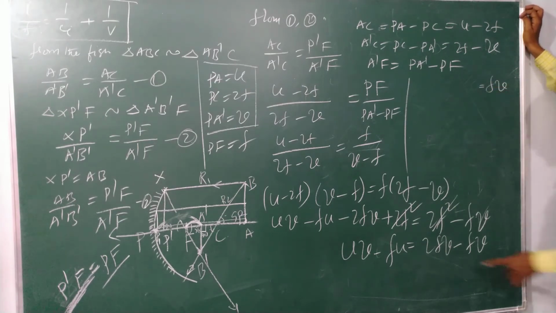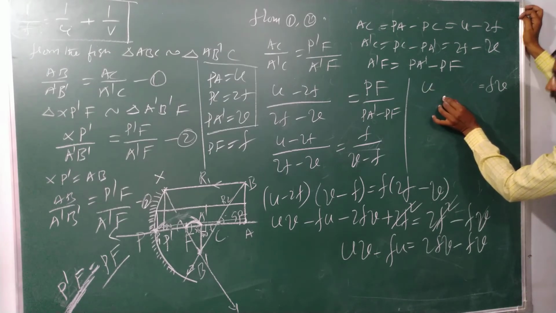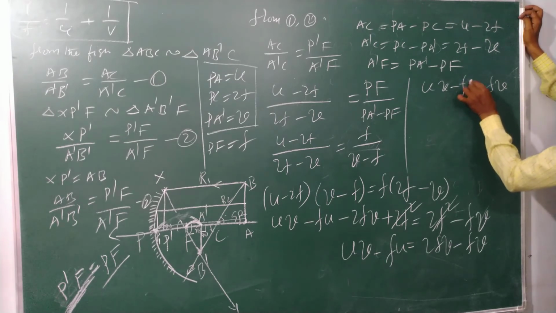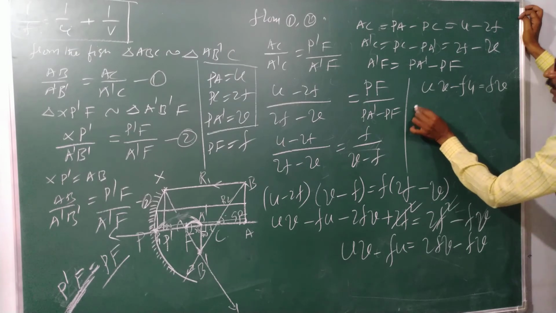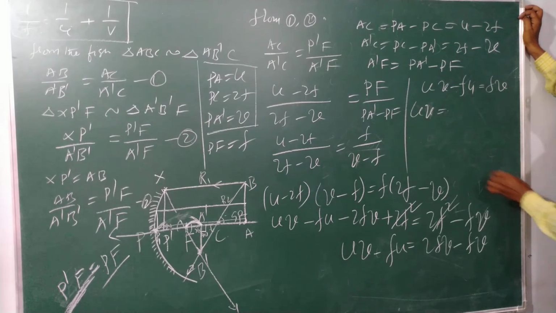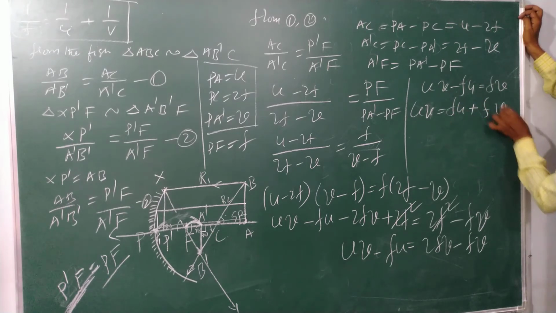Can I write FV like this? Yes. And here we have UV minus FU. This negative term will go this side as plus. So UV is equal to FU plus FV.